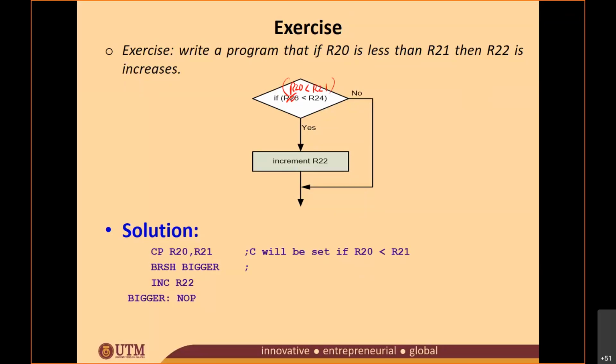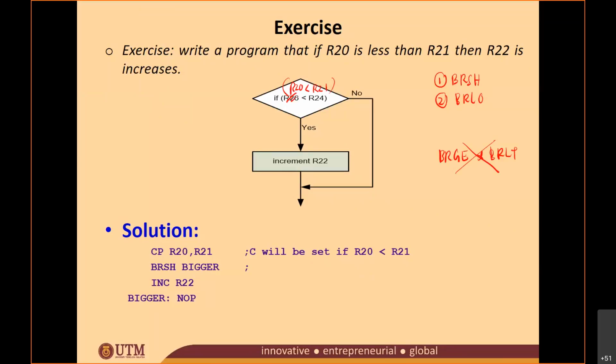There are two instructions. One is BRSH, which stands for branch if same or higher, and the second one is BRLO, branch if lower. You cannot use BRGE and BRLT.